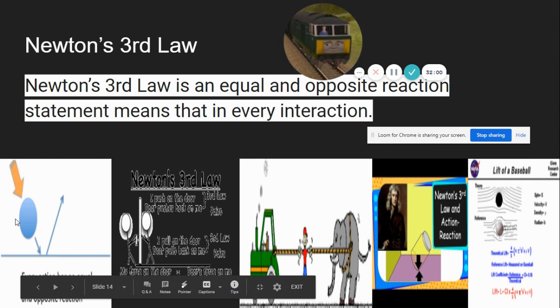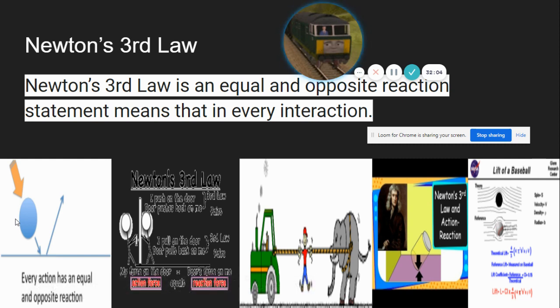All right, so the first picture is the ball down there, and the arrow is pointed up. And so every action has an equal and opposite reaction. So this represents that first picture right there, where my mouse was.